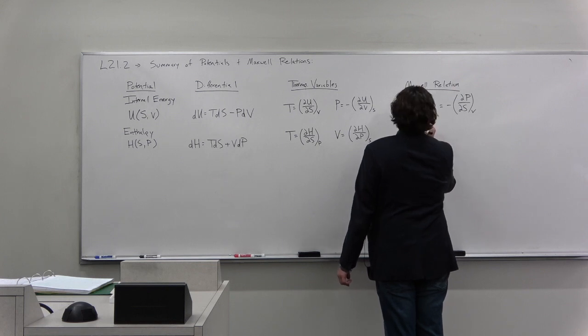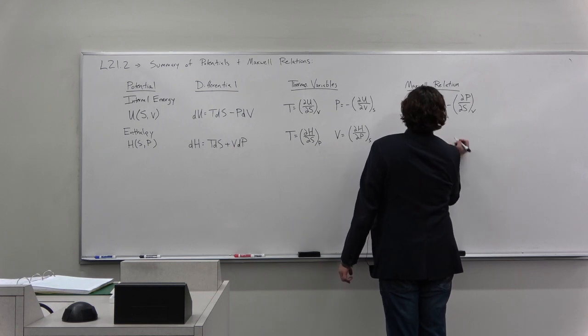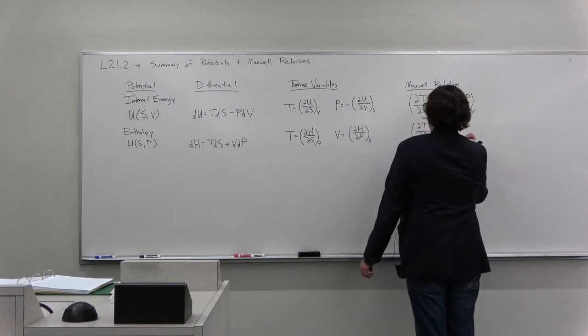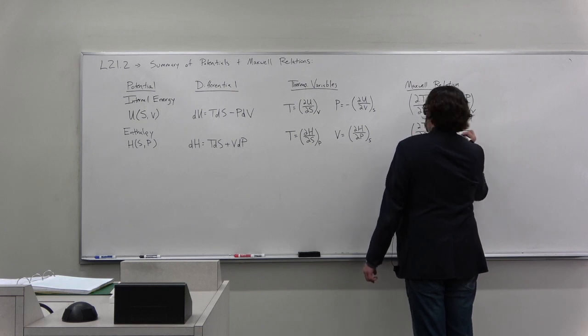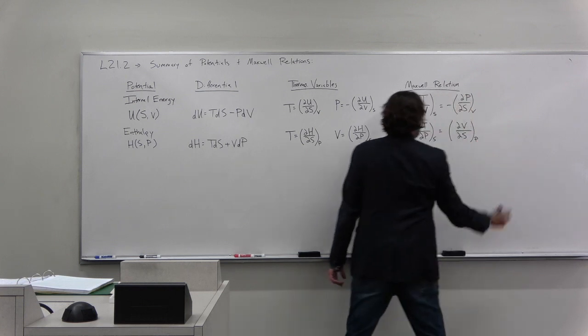So that was partial T partial P at constant S is partial V partial S at constant P.